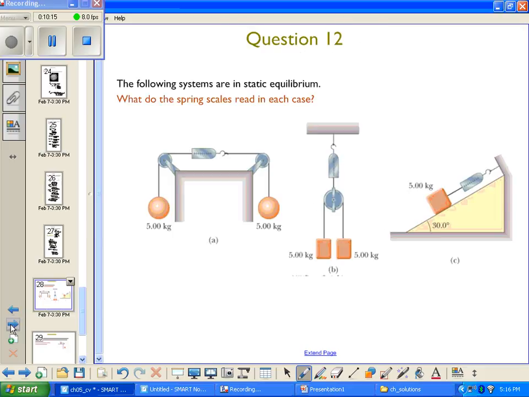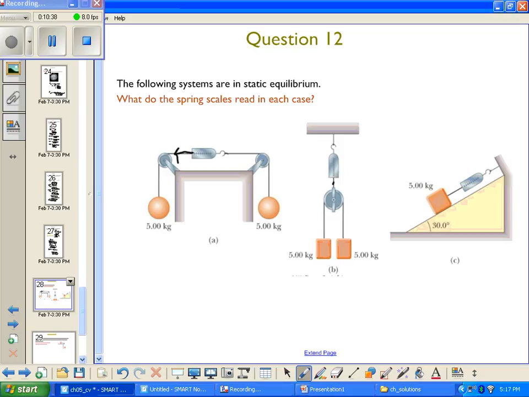Okay, question 12. The following systems are in static equilibrium. What do the spring scales read in each case? Now here it's important to notice that the spring scale only reads what is being pulled on one side of it.